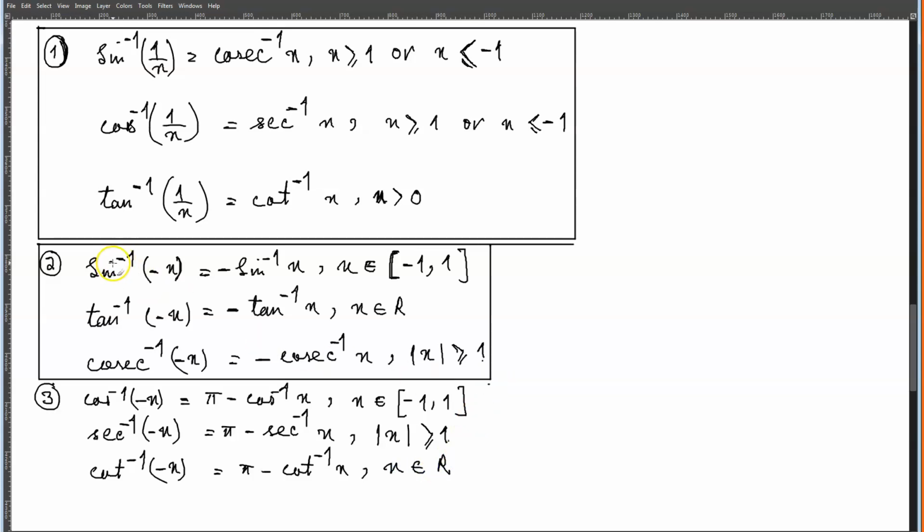So basically for sine, tan, and cosecant, the sine inverse of negative x is equal to negative sine inverse of x, negative tan inverse of x, negative cosecant inverse of x. For cos, secant, and cot, the cos inverse of negative x is equal to pi minus cos inverse of x, pi minus secant inverse of x, and pi minus cot inverse of x.